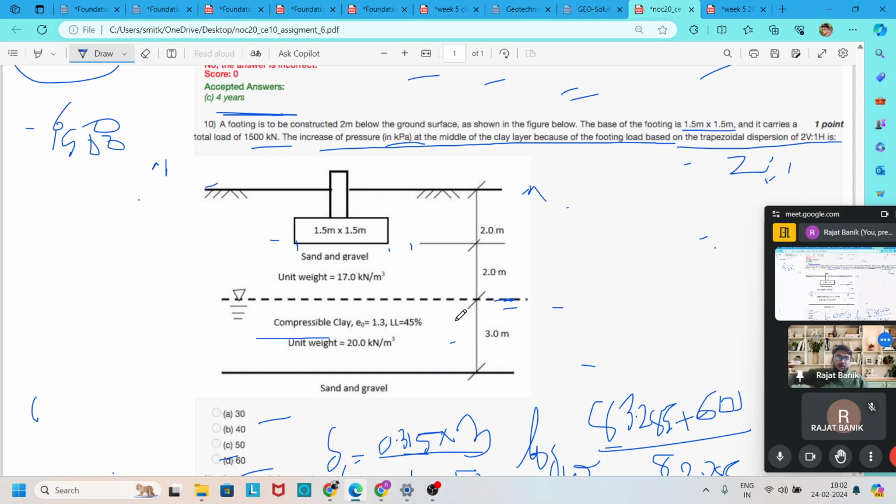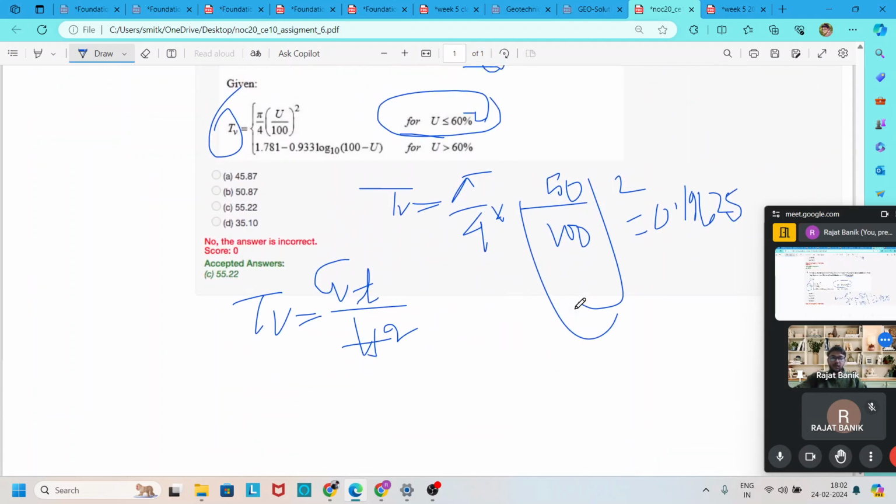So water can dissipate in this direction also, and in this direction also. So our drainage path will become half of the thickness of the layer, that means 3 divided by 2, that means 1.5. So our drainage path length is 1.5 meter.